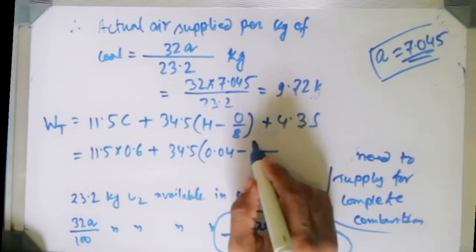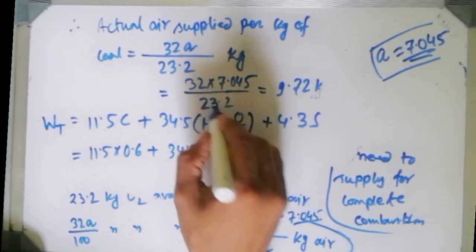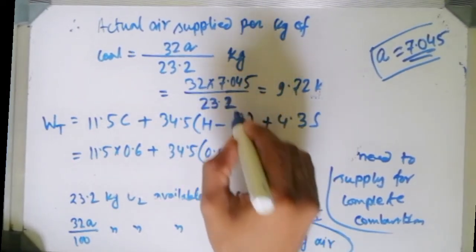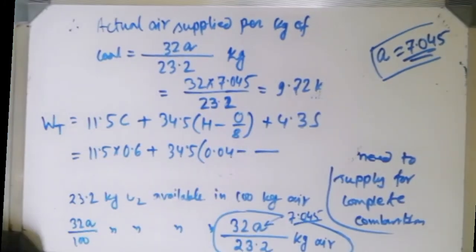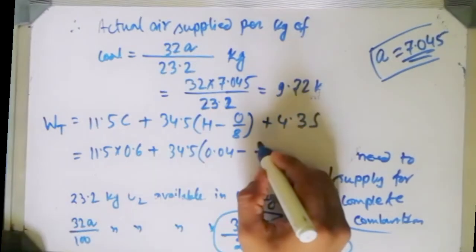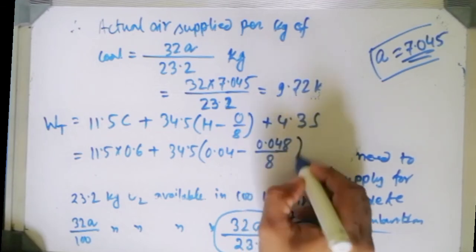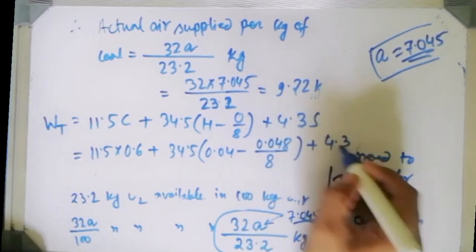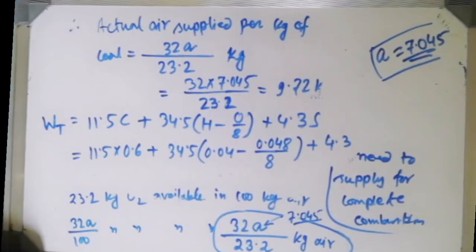Yes, 4.8%. So 0.048 by 8 plus 4.3, and sulfur percentage was given, that is 3.2%. So it should be 0.032 like this. If you solve this equation, after solving you can check with your calculator, it will give you 8.2106 kg of air.